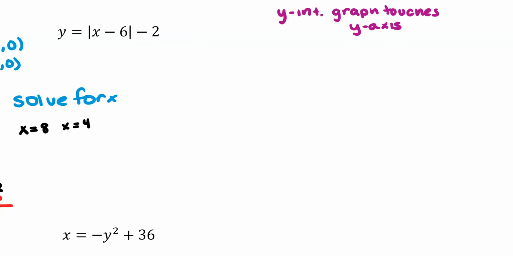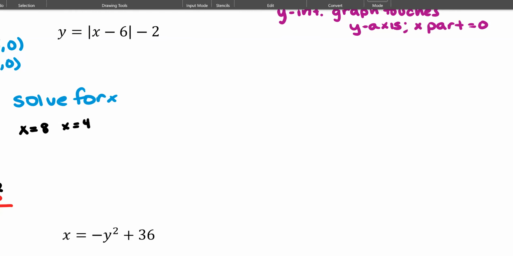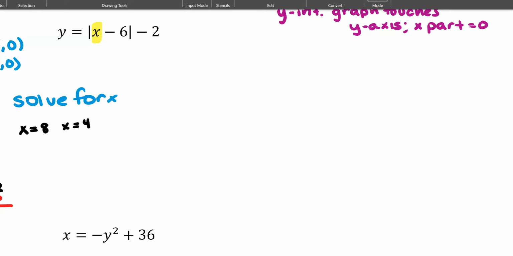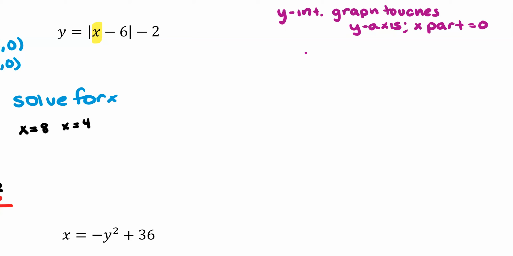And that means that it didn't move left or right. So the x part is equal to 0. So in my equation, I'm going to replace all my x's with 0, and I'm going to find the y that goes with that.